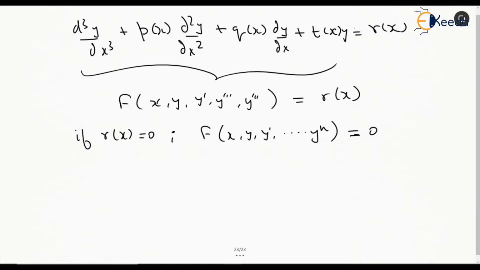So we won't have an individual function of x like this, right? Here also, if we are having a function of x, it is in coefficient with y. So that is the situation when we say this is a homogeneous equation.